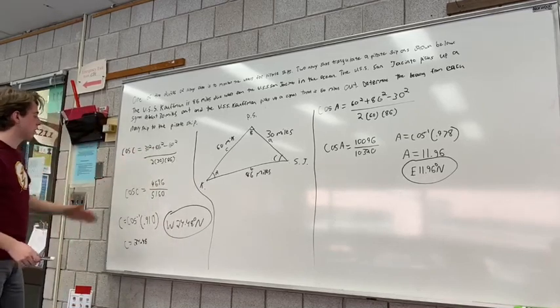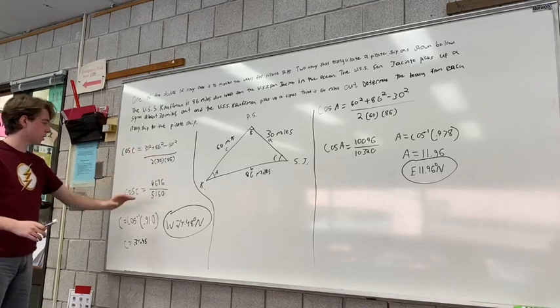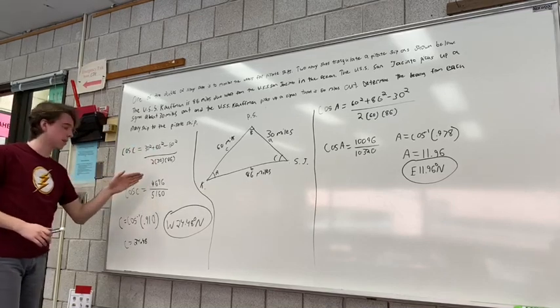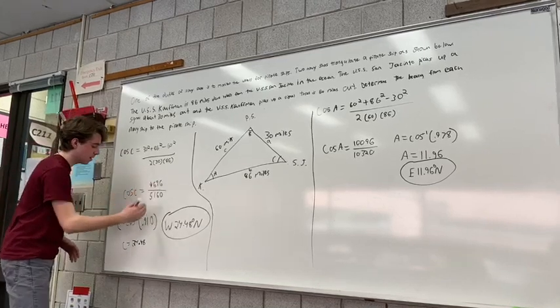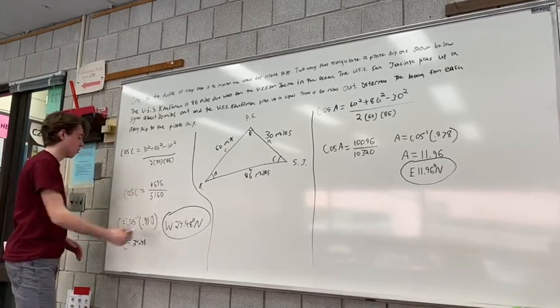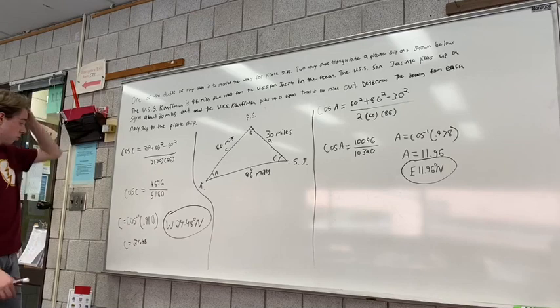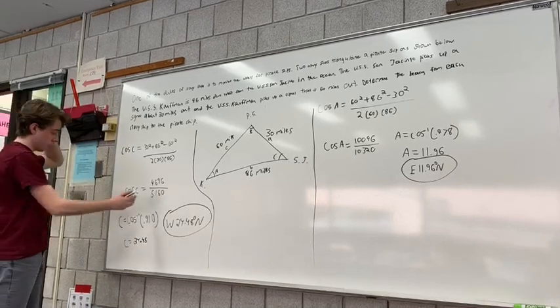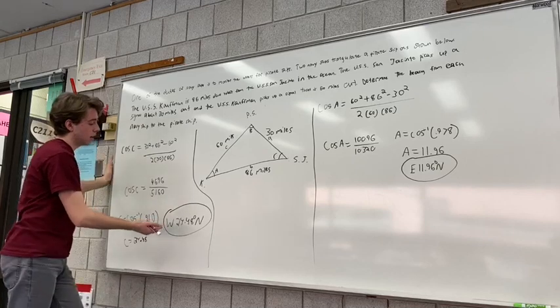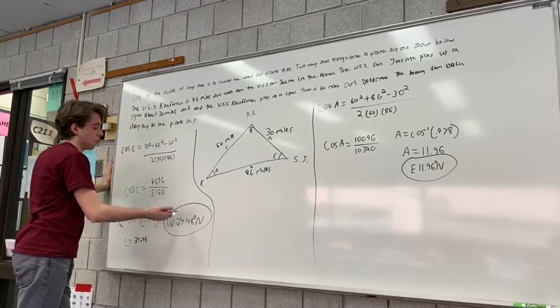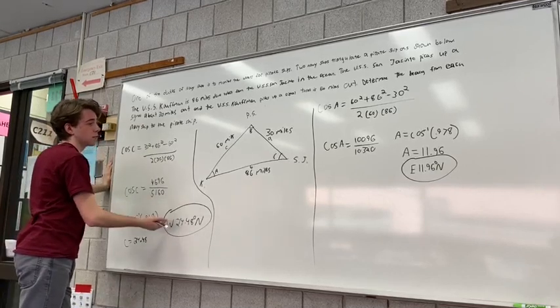Then you plug that, you kind of solve those out, and you're gonna get 4,696 over 5,160. You divide that, and you'll get 0.910, which you'll plug into your inverse cosine equation, giving you 24.48 degrees. And then you would rewrite that as 24.48 degrees north of west.